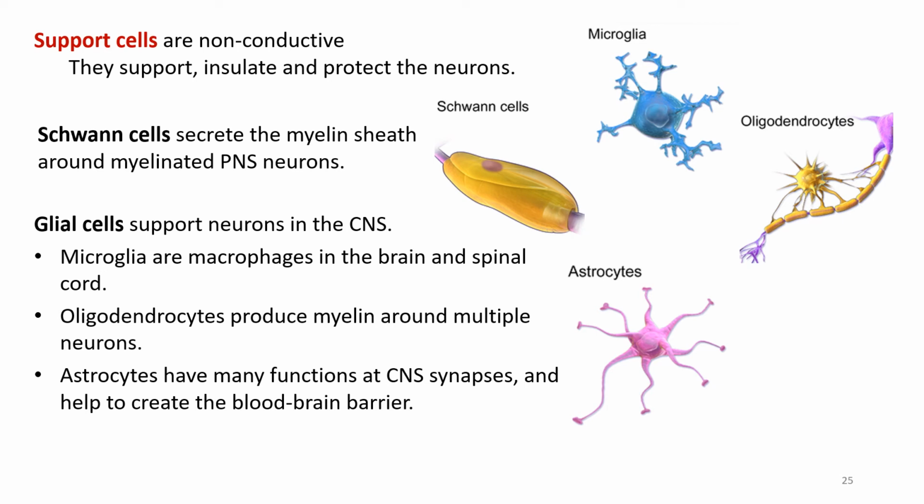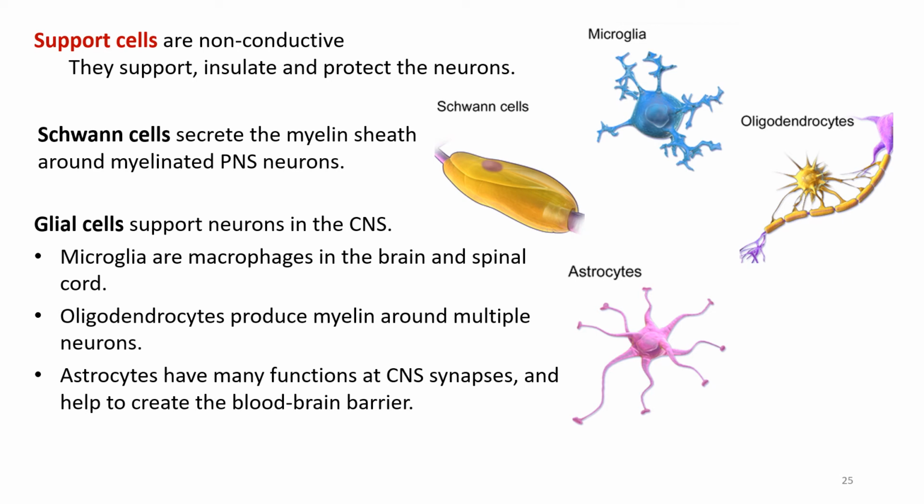Astrocytes are quite amazing really. And there's been a lot of research about astrocytes, and this is possibly why the term glial cell tends to be used specifically for astrocytes, because they are so important in terms of the functioning of the central nervous system. So they have multiple functions.